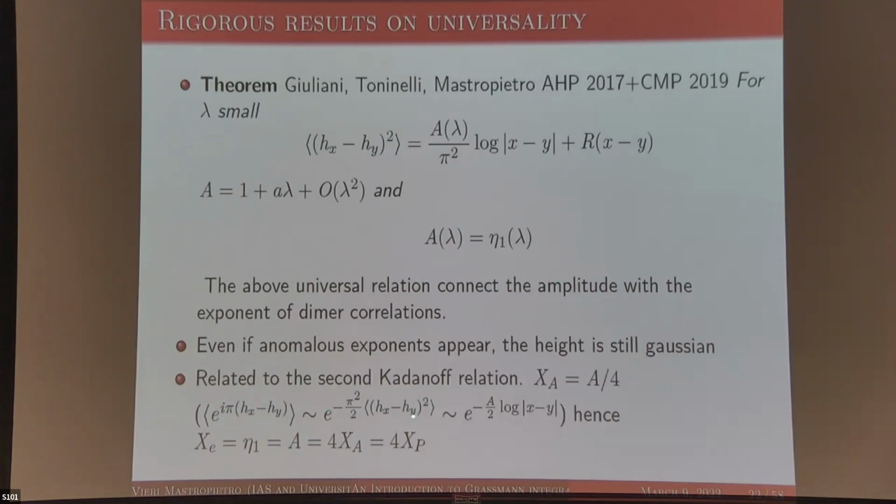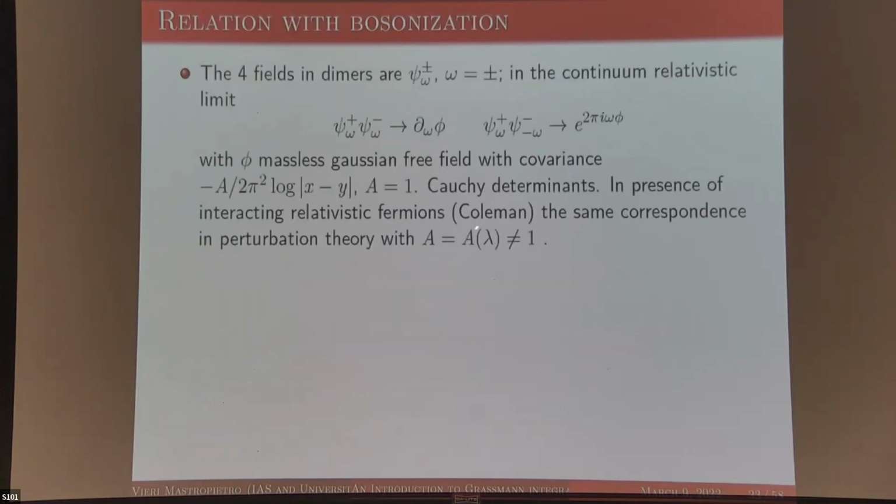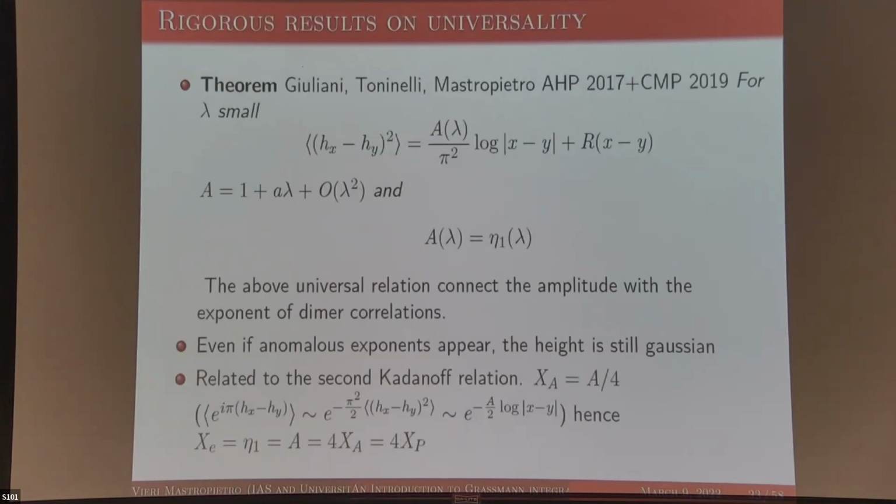But if you assume this, it is exactly the second relation of Kadanoff, connecting the polarization with the energy. So this is exactly defining A and eta 1. At the moment we are still unable to make this step to get this other relation, but this relation is interesting by itself.